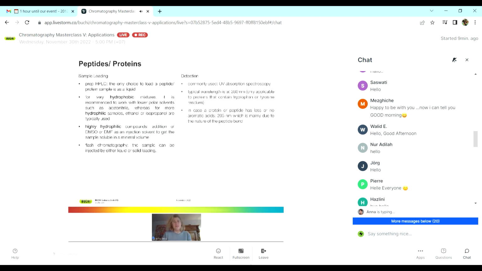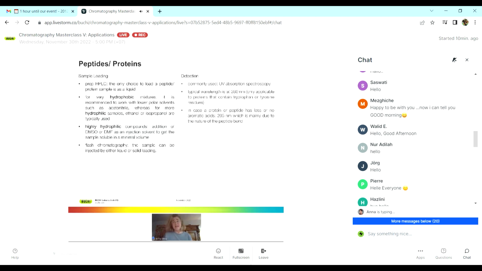And then we come to flash chromatography. I mean, there are still some people who use flash chromatography. If it works for their sample, then it's perfect, because with flash chromatography the cartridges are much less expensive than prep HPLC columns. So if you can go to flash chromatography, then you can inject either as a liquid or as a solid sample.